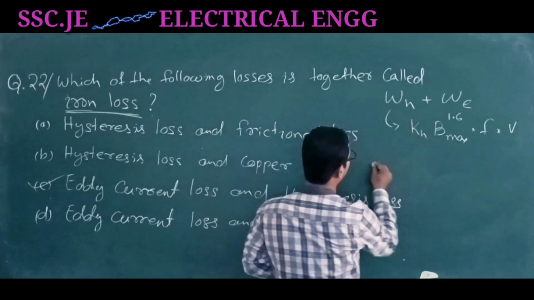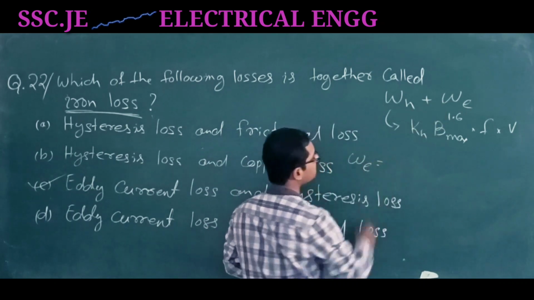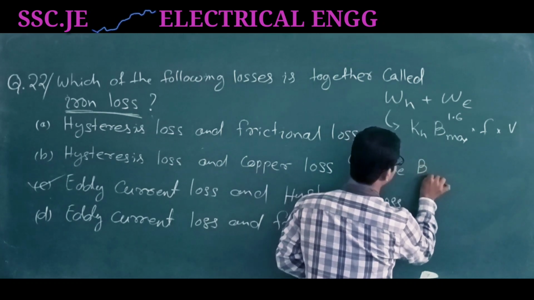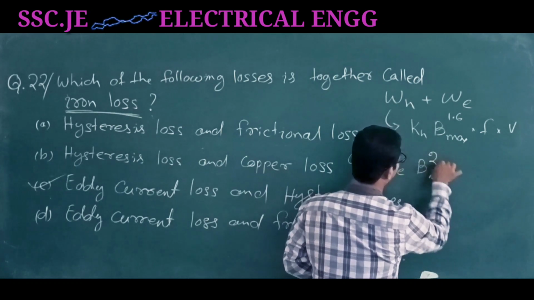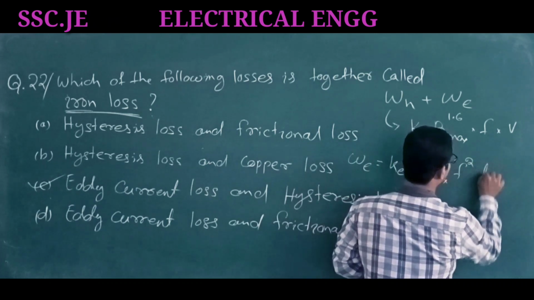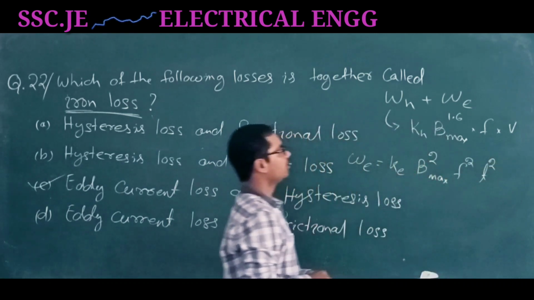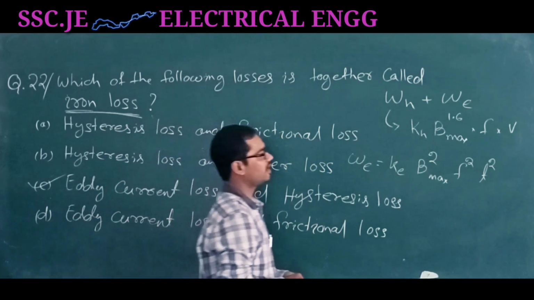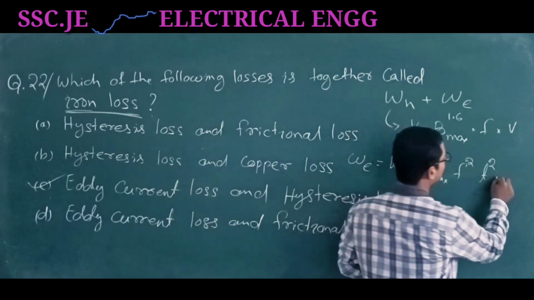And the formula for eddy current loss will be your B max square, f square, t square. Where B max is the same, f is the frequency and t is the thickness of the core.